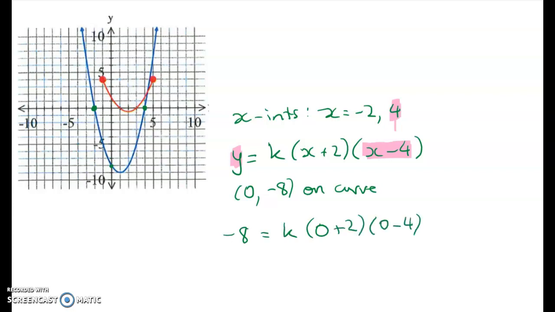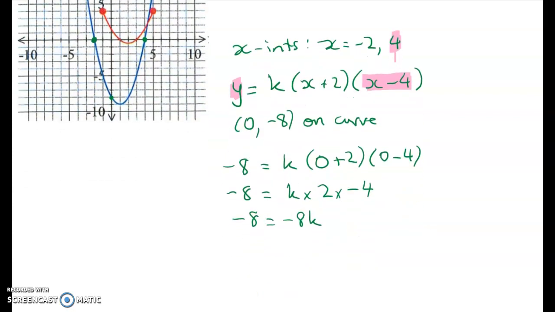You can see from looking that I'm going to end up with a k of 1. I've got -8 is equal to k times 2 times -4, so -8 is equal to -8k. Going all the way back to year 9 maths, -8 divided by -8 is equal to k. K is equal to 1.